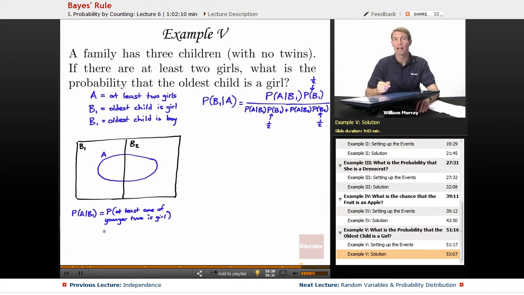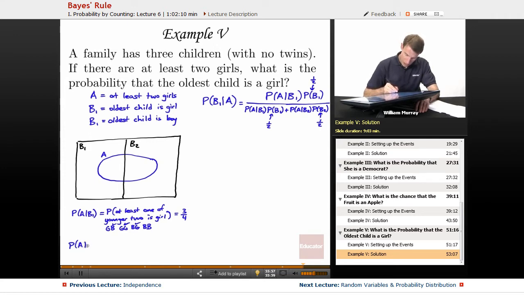And so we've got 2 younger children here. So the 2 younger children could be girl-boy, could be girl-girl, could be boy-girl, and it could be boy-boy. And at least one of them being a girl, there's 3 of those situations where at least one of them is a girl, so that's 3/4.